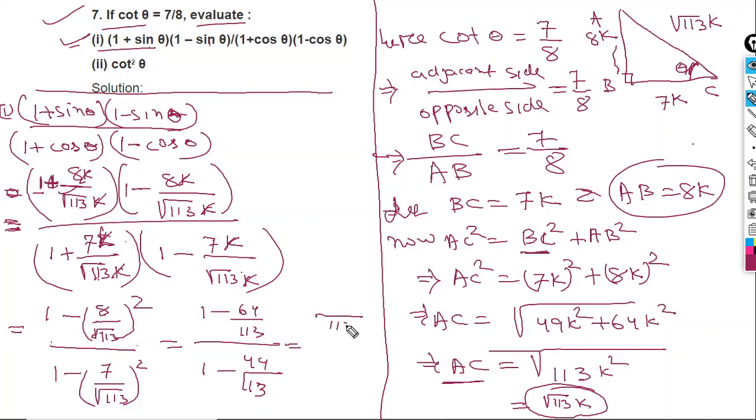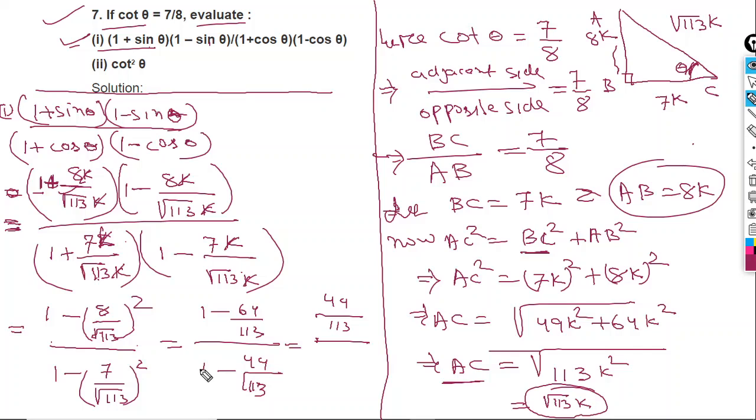Here 113 will be the LCM, then 113 minus 64 will be 49, divided by 113.